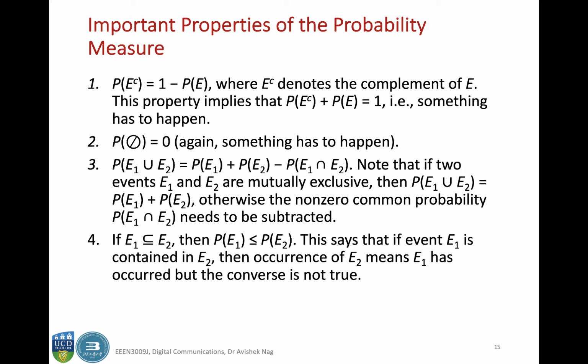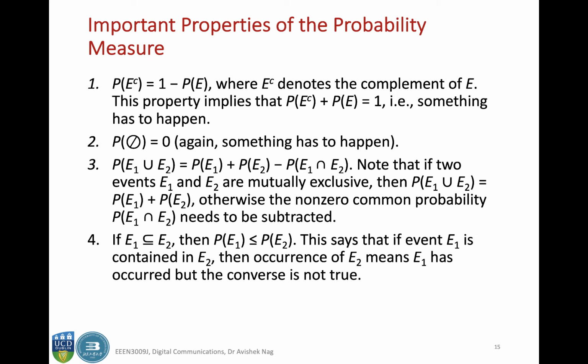If there are overlaps, you have to carefully subtract those overlaps. And if the events are mutually exclusive, which means they don't have any overlapping areas, then it is pretty straightforward. The probability of the union of all the events is the sum of the probabilities, as you saw in axiom 3 of the probability measure.